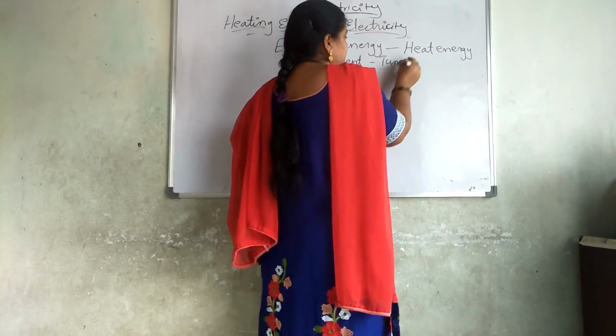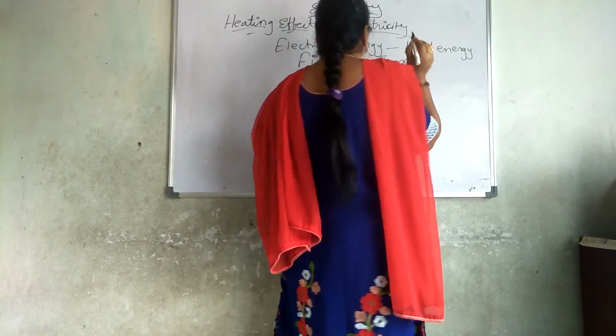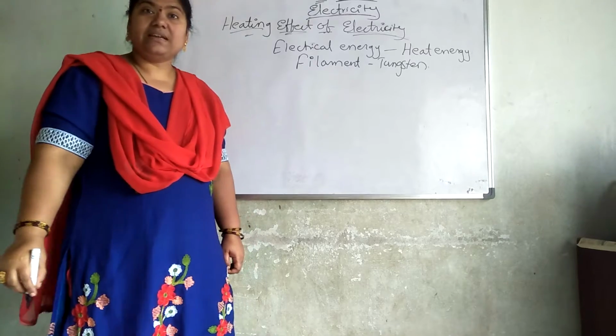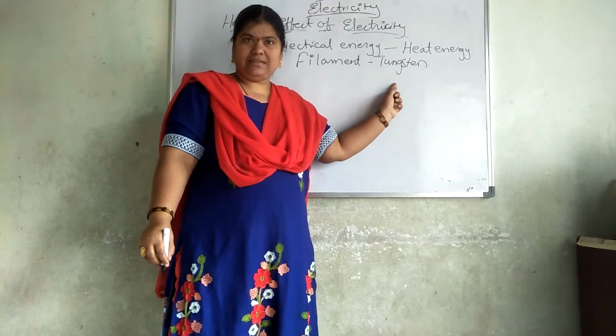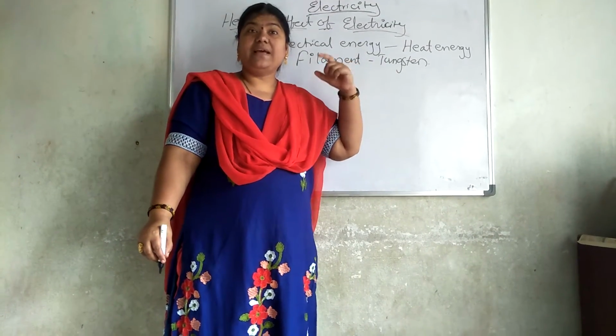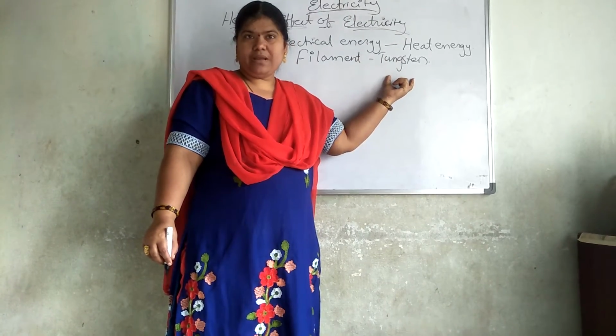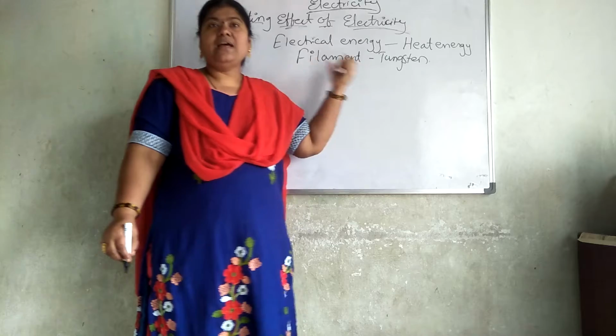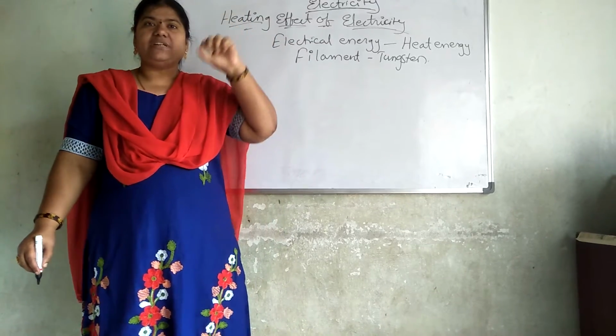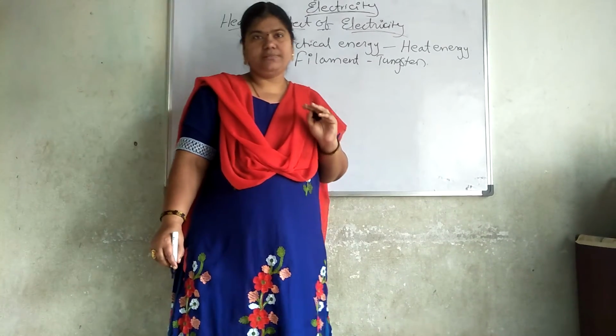It is made with tungsten. So the filament is made with tungsten. When the electricity passes, this tungsten heats up. Did you understand? Because of that, the glass, when we touch it, becomes red hot.